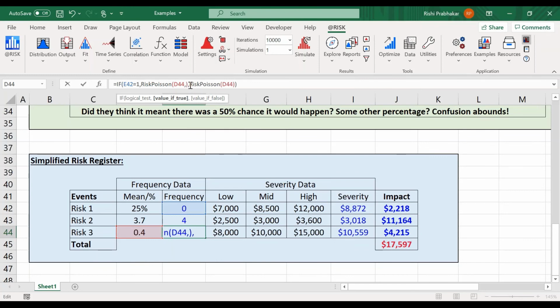So how about I throw in here a risk truncate function with a lower limit of 1. So this would be a logic that says if this event occurs, then this other event will occur at least once. But if it doesn't, then it might occur more than once, it might occur 0 times.